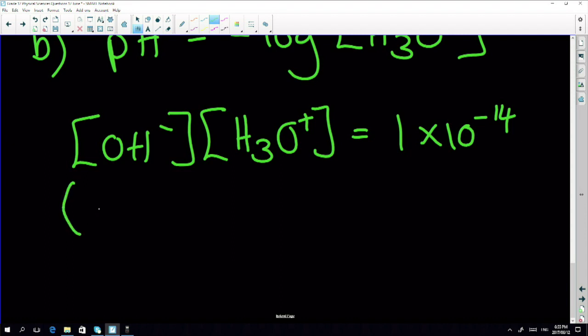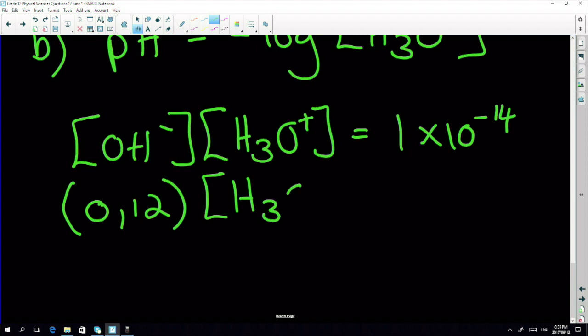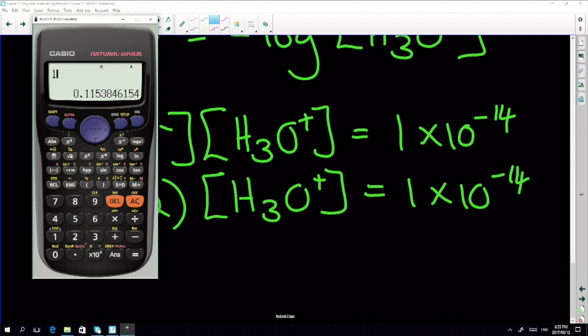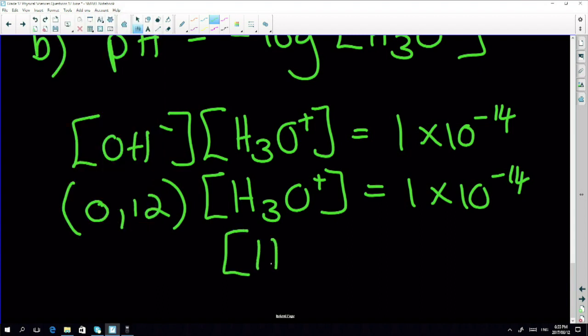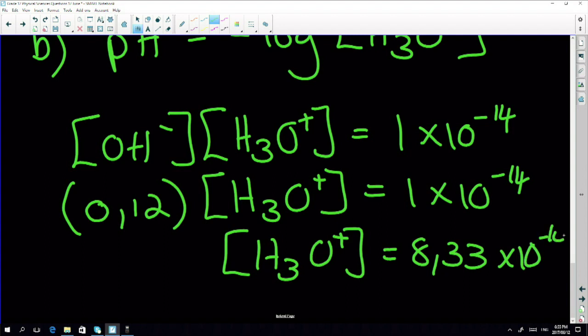So if this is 0.12 and I want the H3O plus, I'm going very quickly now because I'm going to run out of time. 1 times 10 to the minus 14 divided by 0.12, and we get 8.33 times 10 to the minus 14.